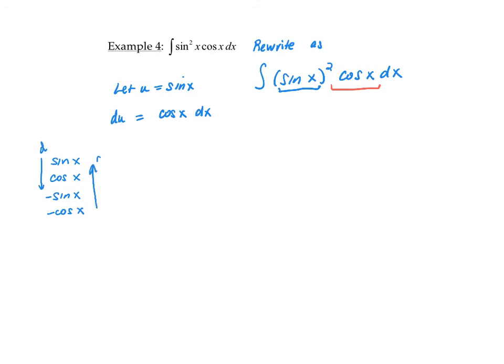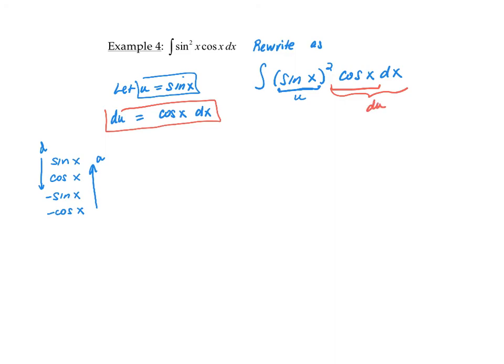For integrals or antiderivatives, you go up the chart. Okay, so u is equal to sine x. So we're going to take out sine of x and put in u. Du is equal to cosine x dx. So this whole piece, cosine x dx, is going to get replaced by du.